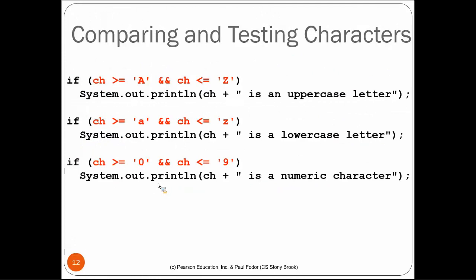For instance, if you want to see if a character variable ch is an uppercase letter, all that you need to do is to check that uppercase A is less than equal with the character ch, and ch is less than equal with uppercase Z. That will only be true for uppercase characters, from A to Z. Similarly, if you want to do a check for lowercase or numeric characters, you can just compare the character with that specific value.